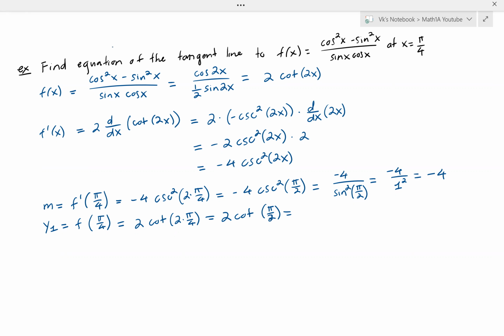Cotangent is cosine over sine, so 2 times cosine of pi over 2 over sine of pi over 2, which is 2 times 0 over 1, which is 0.